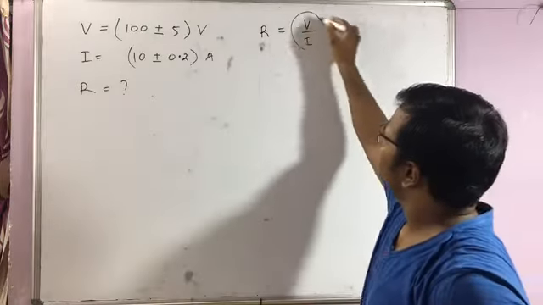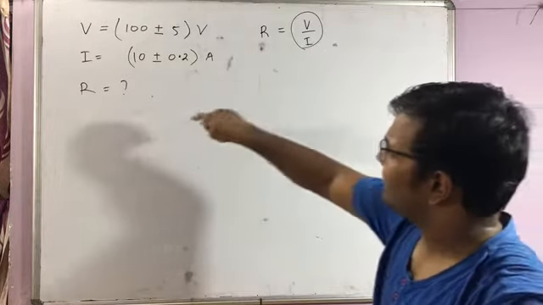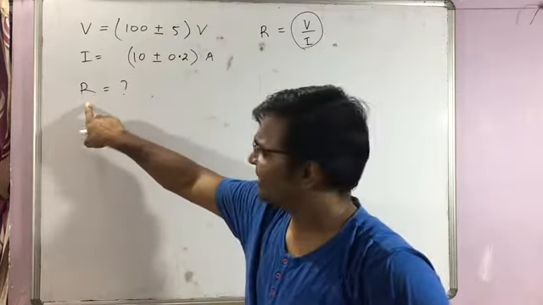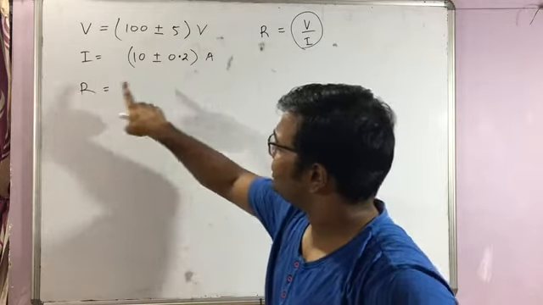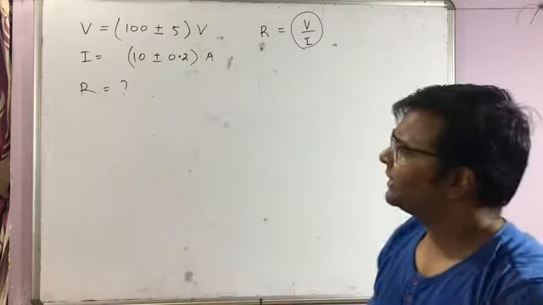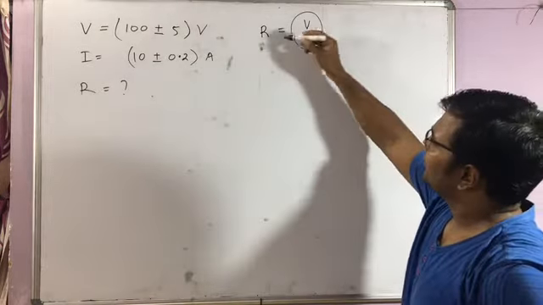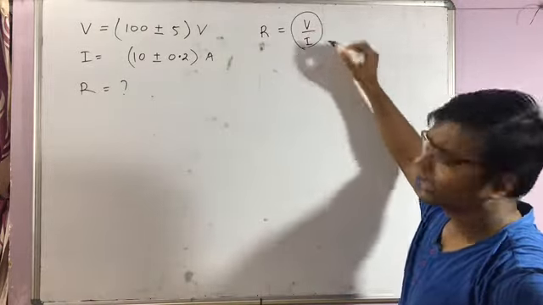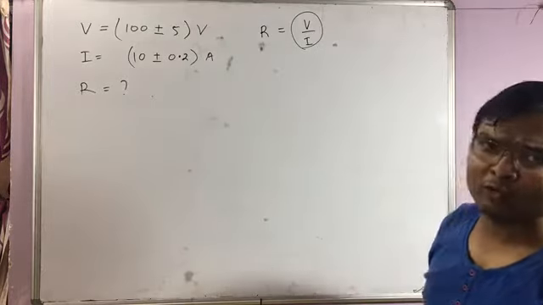Now you see here, you are asked to calculate the resistance, which means you need to report your resistance in this form, the true value as well as the error part. Since R is the quotient of V and I, we can apply the second rule.